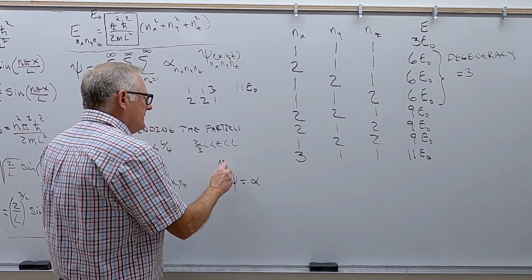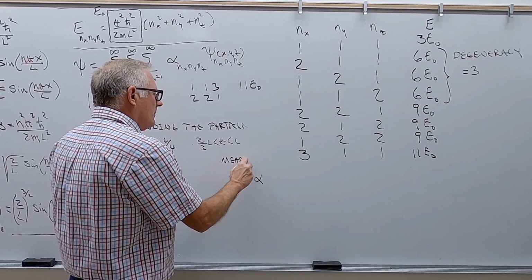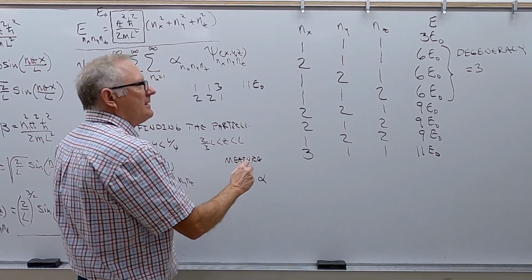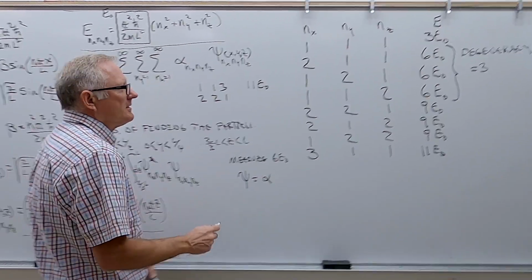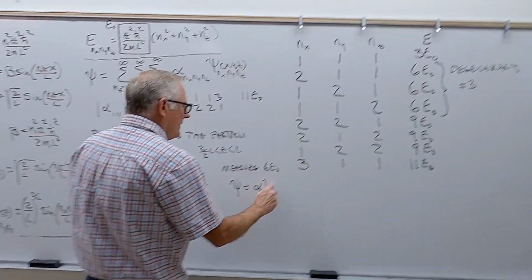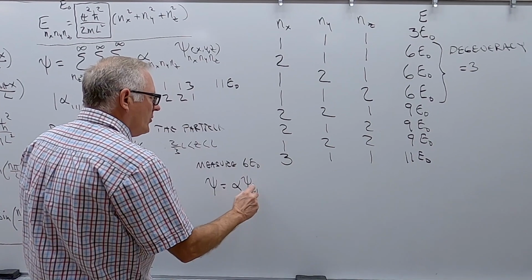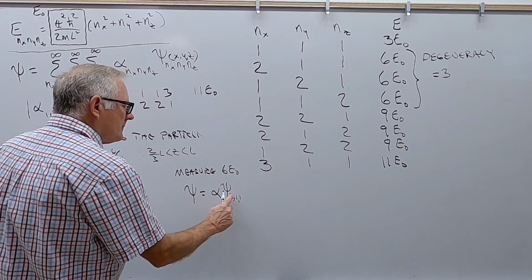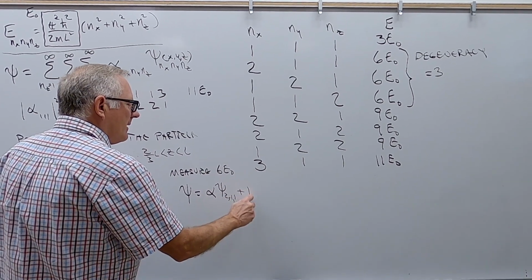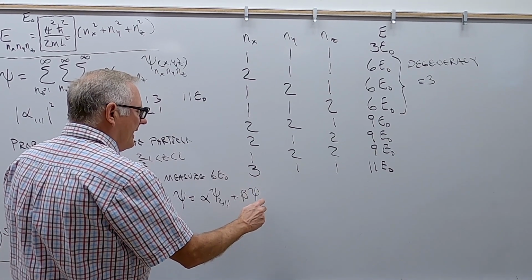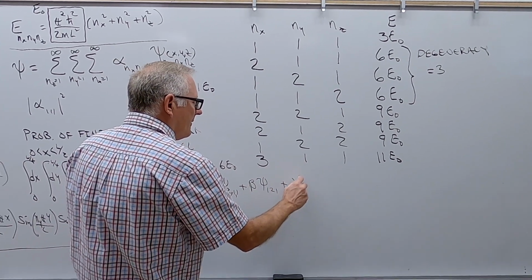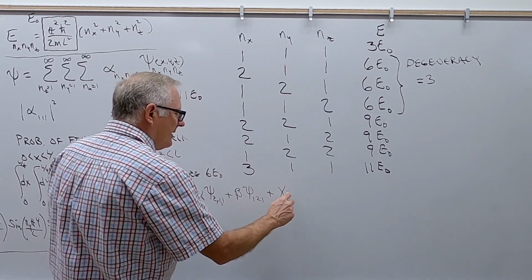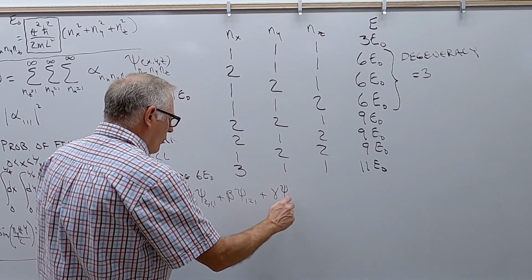So what do we say? Measure 6 E naught. You could say it collapses to the state alpha psi 2,1,1, plus some beta psi 1,2,1, plus some other coefficient gamma psi 1,1,2.